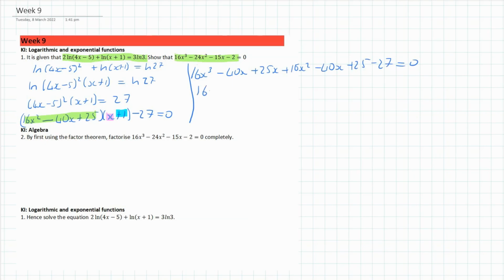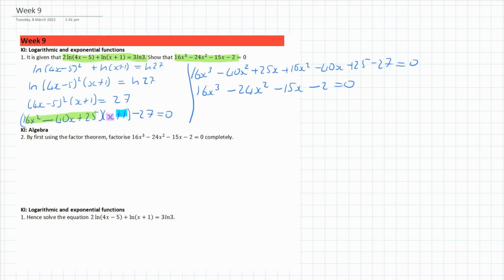So we get 16x cubed, and oh, that should be 40x squared, shouldn't it, actually? Yes. Okay. Now that leads me to negative 24x squared. Now looking at our x's, minus 15x, and then negative 2 equals 0. So there we go. We've proved that.